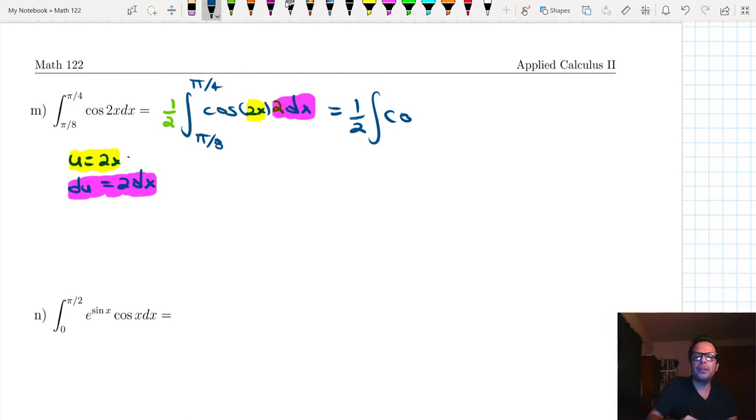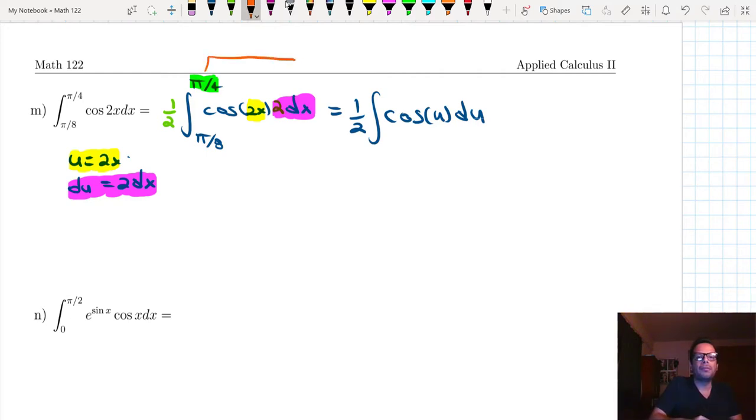If we change the integrand to terms of u, we also need to replace the limits, right? So what do we mean by this? So this pi over 4, right? Let me use a different color to highlight. I'm going to use green, all right?